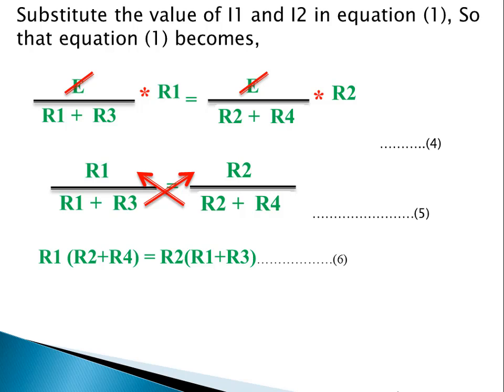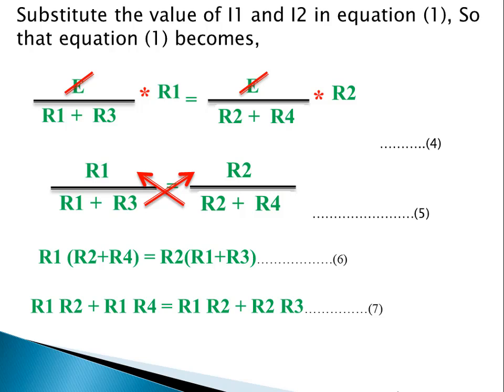Consider this as equation number 6. Now multiply the terms, so that the equation becomes R1 into R2 plus R1 into R4 is equal to R1 into R2 plus R2 into R3. Consider this as equation number 7.